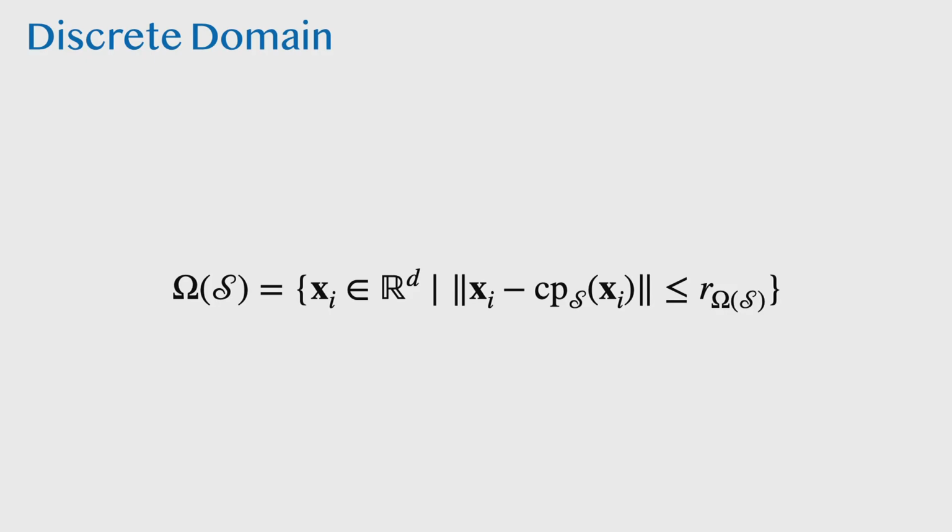So the computational domain is a grid now. The N of S was a tubular neighborhood. Now you have a tubular grid, Omega of S, and it's all the grid points that are within a distance of their closest point to S. You may naively think, okay, you're extending to the surrounding embedding space, so the computation would scale with the dimension of that embedding space.